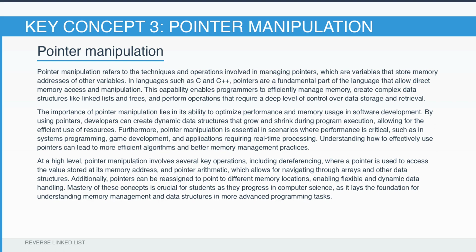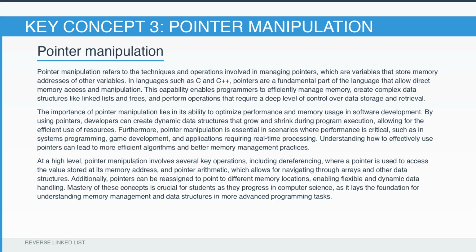The real power of pointer manipulation lies in optimizing performance and memory usage. By using pointers, developers can create dynamic data structures that adjust in size during program execution, which is essential for effective resource management. This capability is particularly important in high-performance scenarios like systems programming, game development, and real-time applications.